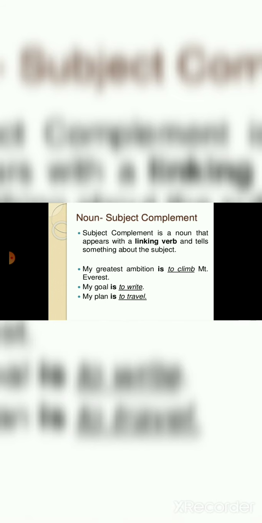For example, if I remove this linking verb, then there will be an error: My greatest ambition to climb Mount Everest. My goal to write. My plan to travel. Incomplete sentences. Complement means completing, fulfilling the requirement by adding a linking verb. So if the linking verb is missing, that means there is an error.